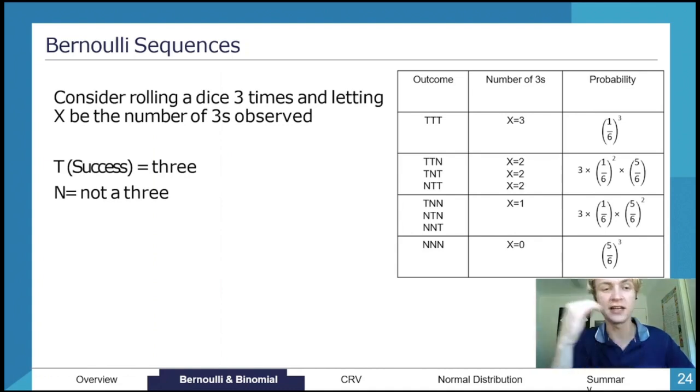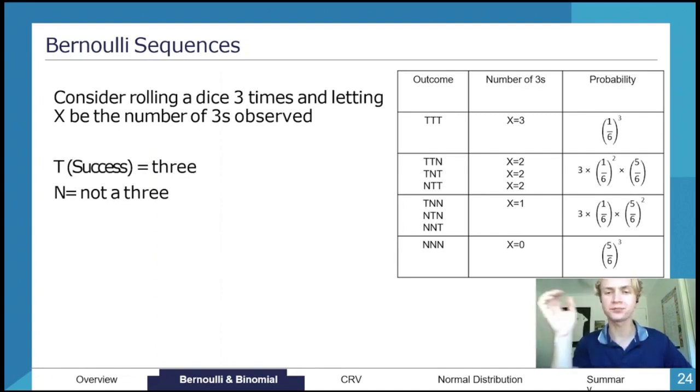I'm just showing the derivation of the formula here. What we would do is, we would let success, which would be T, equal 3. N would be not a 3. We could also let x equal success. And the probability that x equals 3 is 1/6 to the power of 3 of getting TTT.